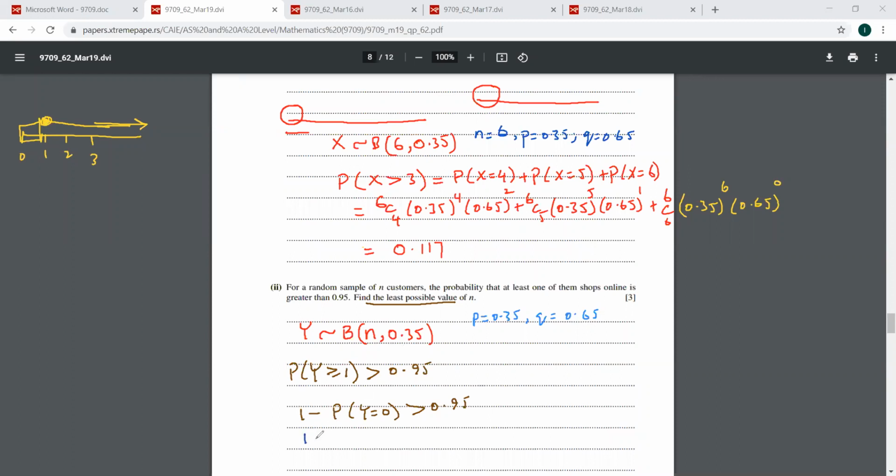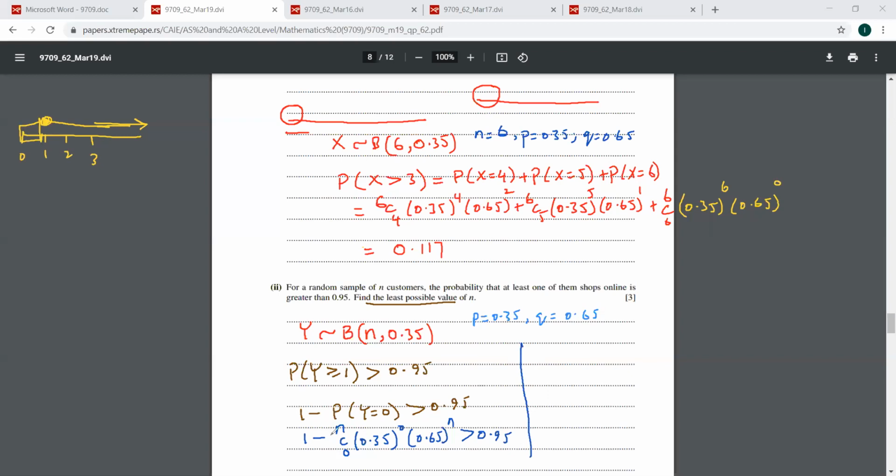So I can write it as 1 minus nC0, 0.35 raised to power 0, 0.65 raised to power n is greater than 0.95.